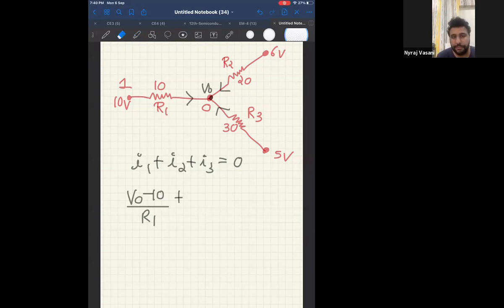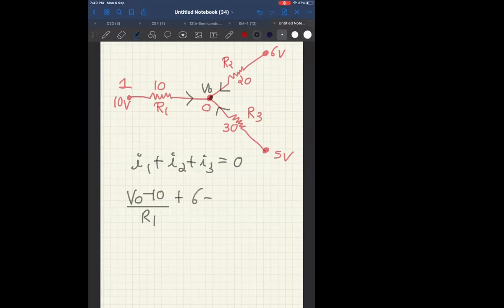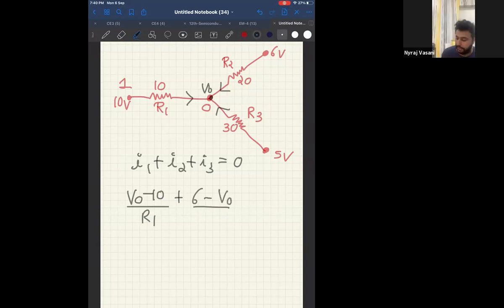Which logic do you want to use? Can I say this is V0? We can apply V0 in all our equations and keep V0 on one side. Can I do that logic? So if I do that, can I say I will get 6 minus V0 by 20?